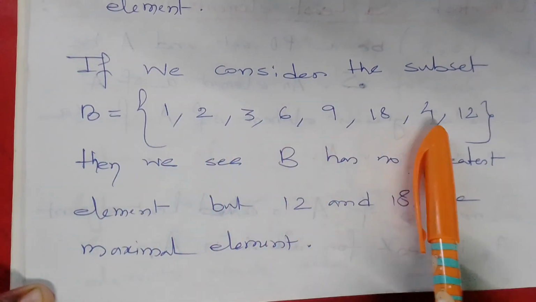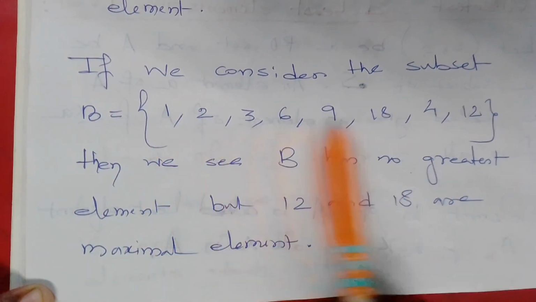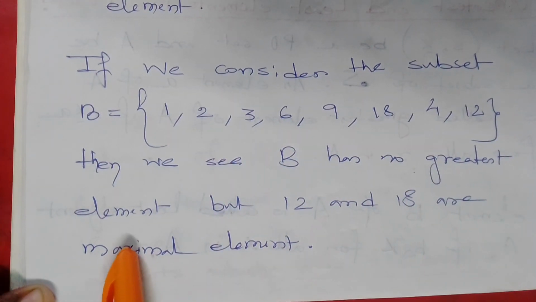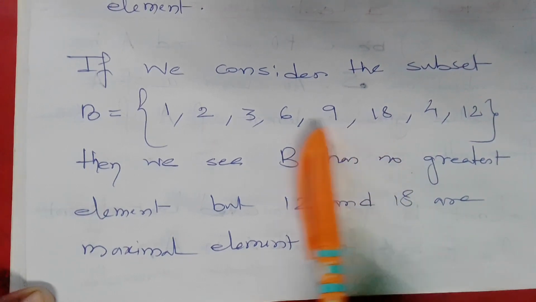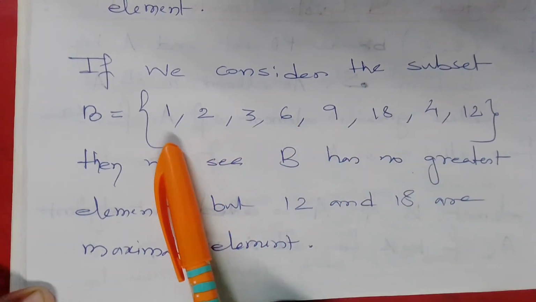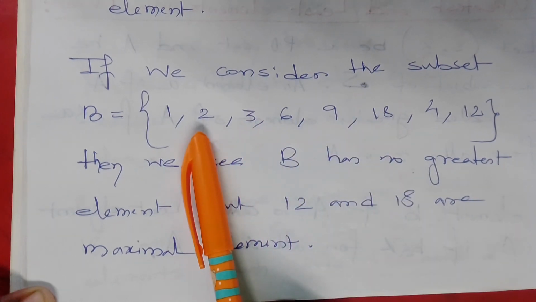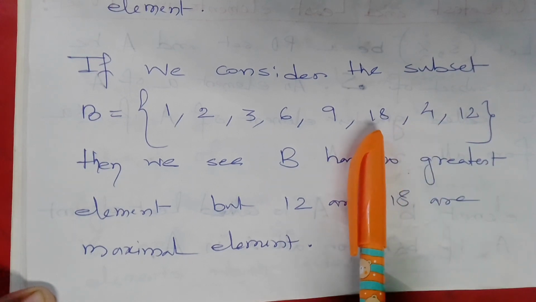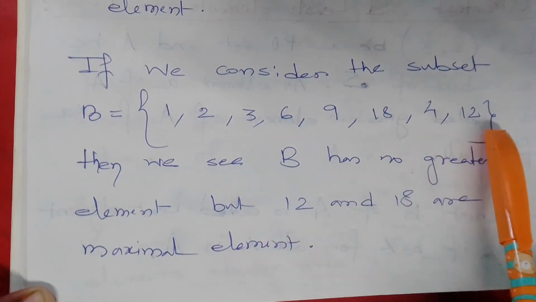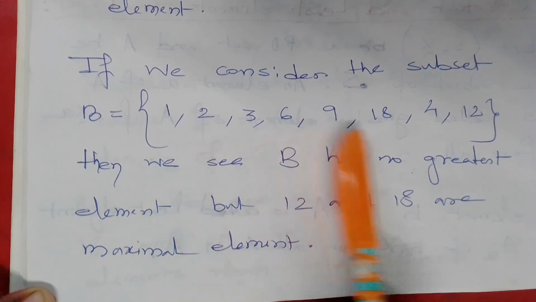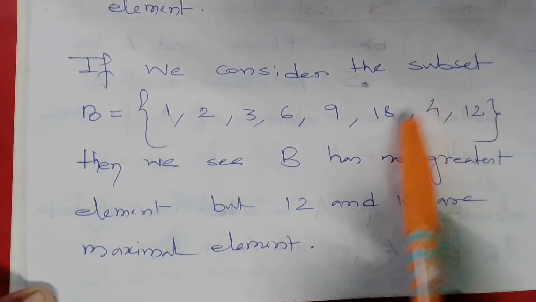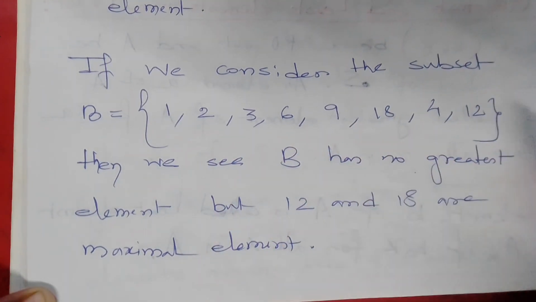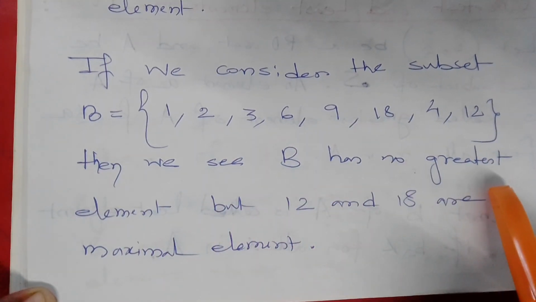Again, if we consider the subset B consisting of these elements, then we can see that B has no greatest element, because 18 will not be divided by all other elements. Here 2 will divide 18 but 4 will not divide 18, and also there is 12, and all other elements will not divide 12, like 9 will not divide 12. So that is why this set has no greatest element.